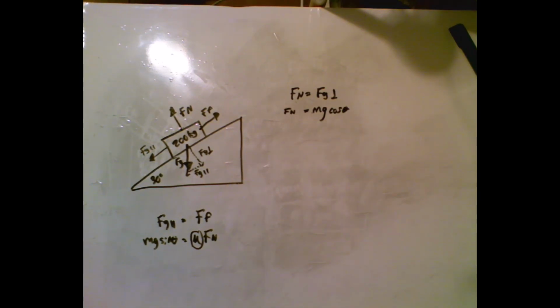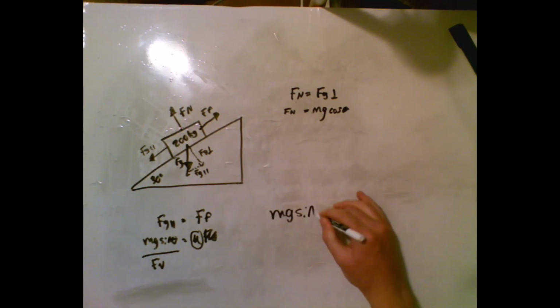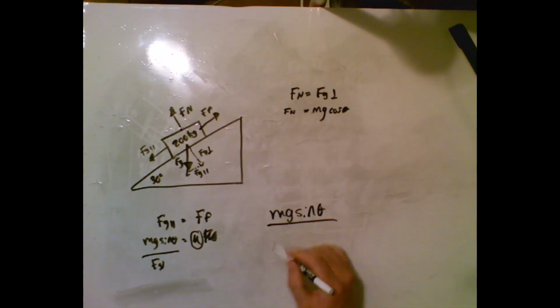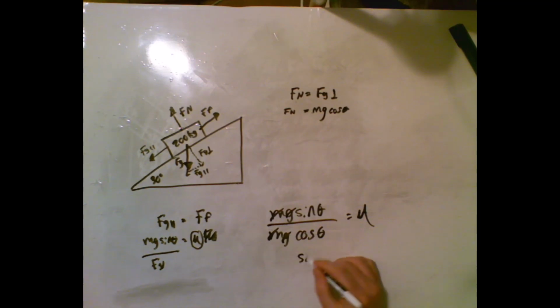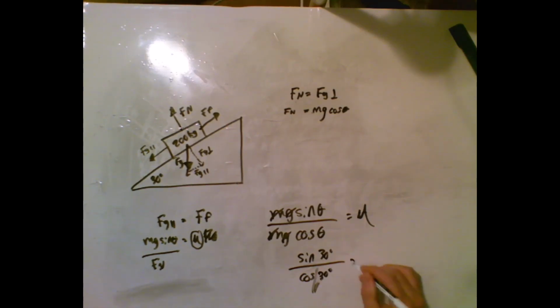So I move my force normal underneath and break it down. Running out of room, maybe I'll move it over here. So mg sine theta, and my force normal is mg cos theta, and that's going to equal my coefficient of friction. Look at that, mass and gravity both cancel out, so it just ends up being sine of 30 degrees divided by cos of 30 degrees, and I get my answer.